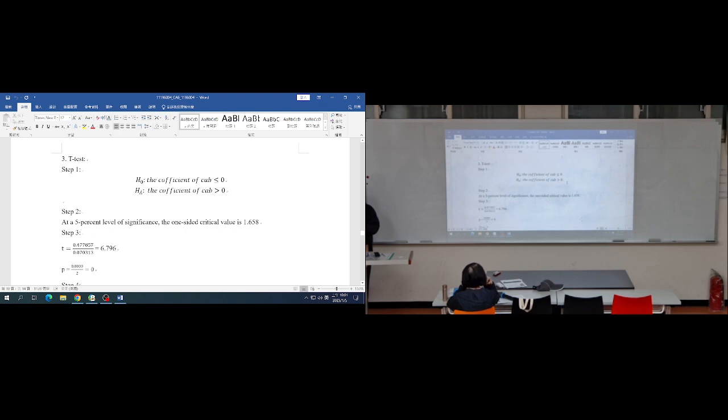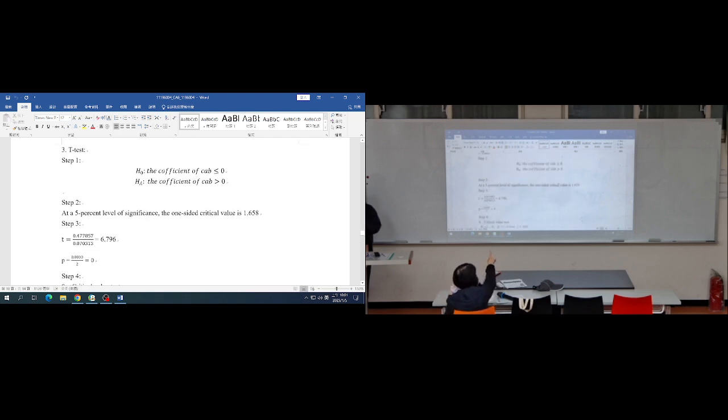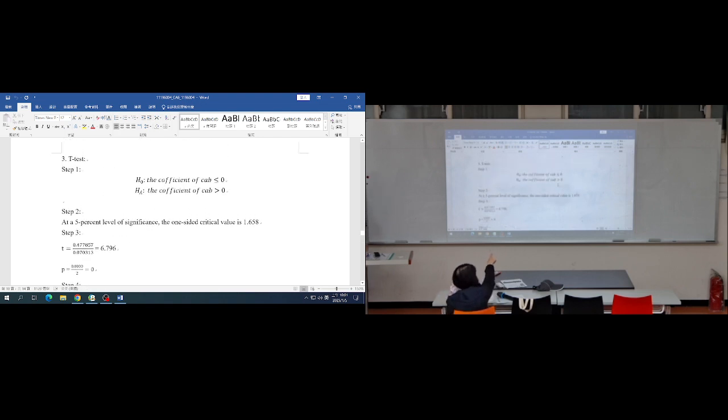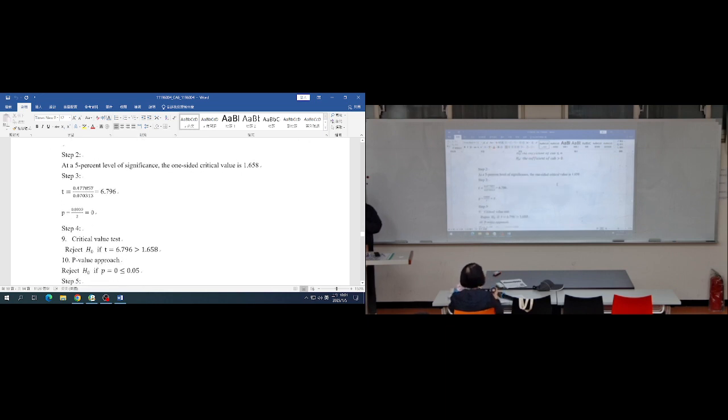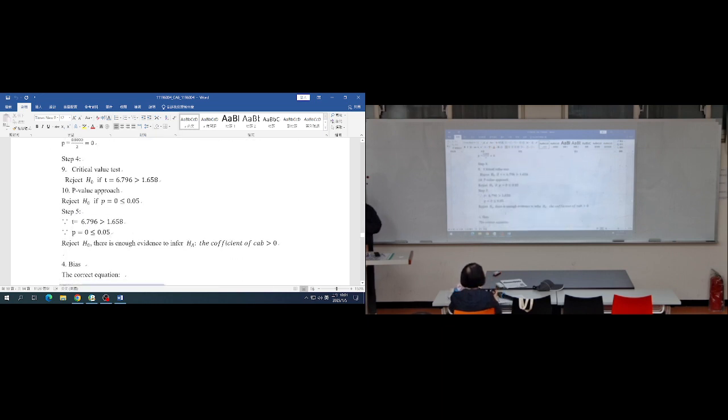beta greater than 0. When you do your thesis, the beta something. And this is the outcome I get. We reject the null hypothesis because there is enough evidence to infer the alternative hypothesis.